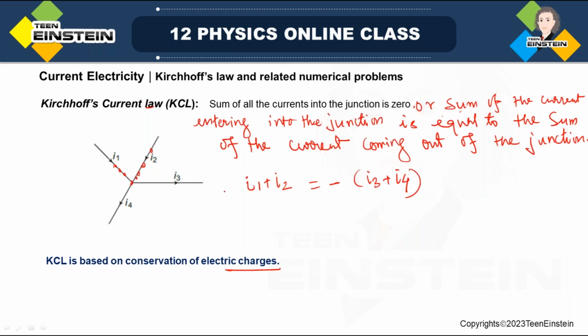So Kirchhoff's law is based on charge conservation.